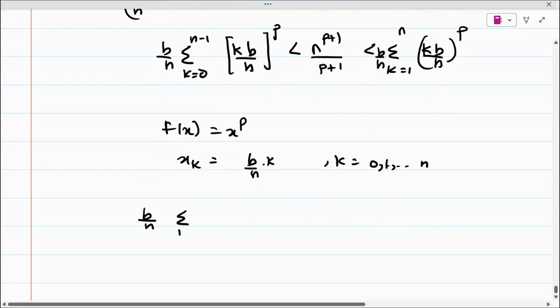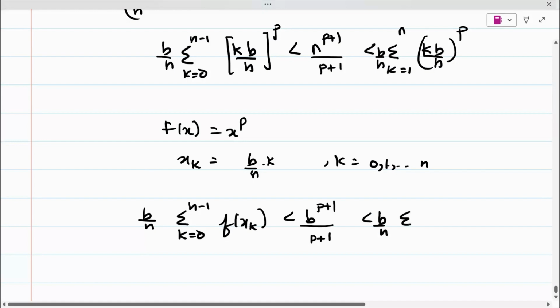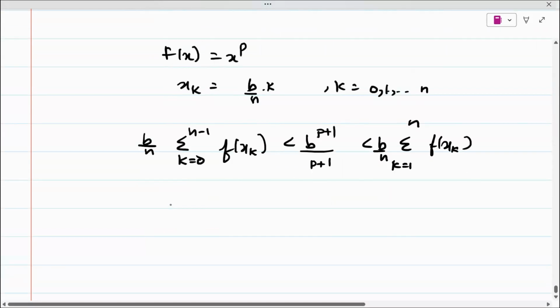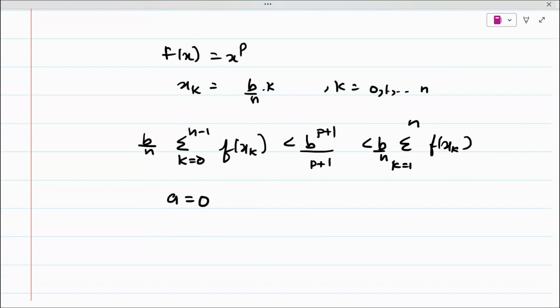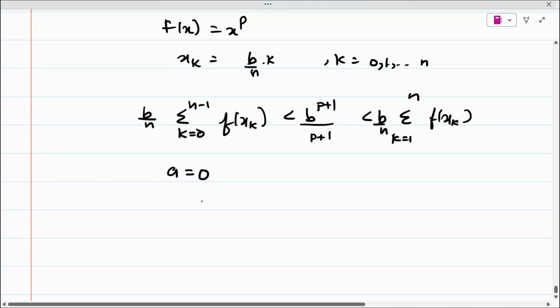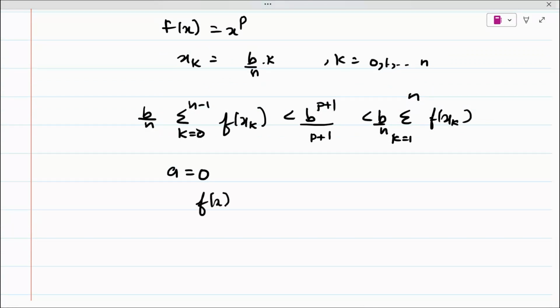And now we say we take a equal to 0 because the previous theorem said that we need some type of a, and we take f of x equals x to the power p.